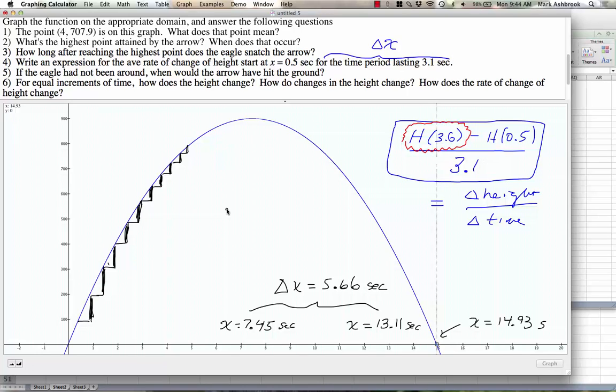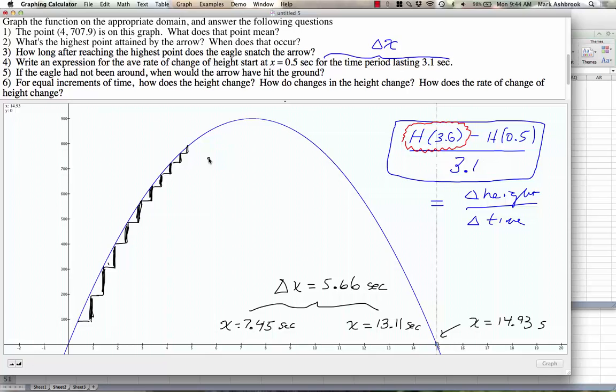Okay. So now he's disagreeing with them. They said the changes in height increase, and now he's saying the changes in height decrease. We're just talking about up to 7.45 seconds. Sarah, what do you think? They decrease. Well, as it goes from 0 to 7.